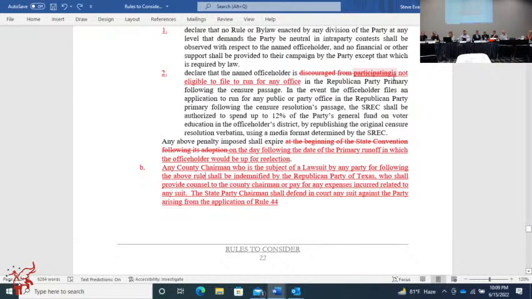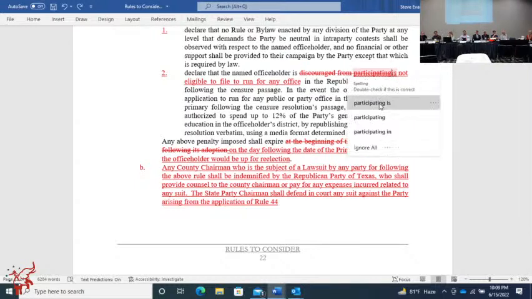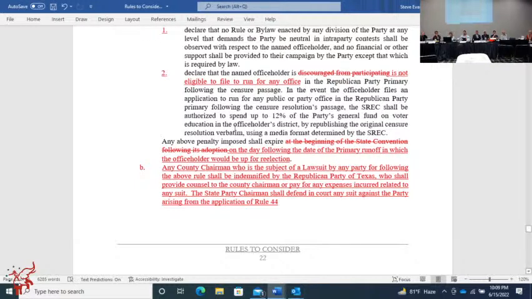I'd like to motion to strike and replace, where it says county chair, replace county with state. Throughout the entire Rule 44. So everywhere we're mentioning county chair, I want to point out the state chair, and everywhere it says candidates, I want to add the word statewide.